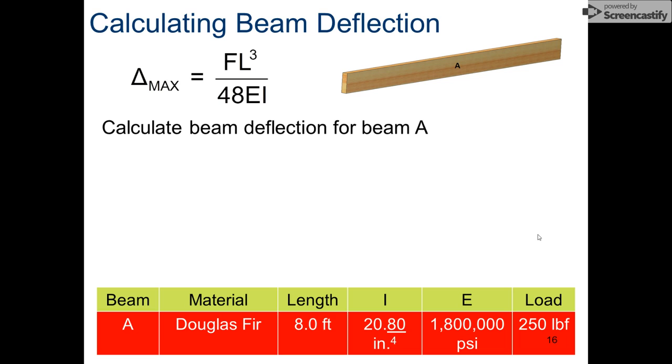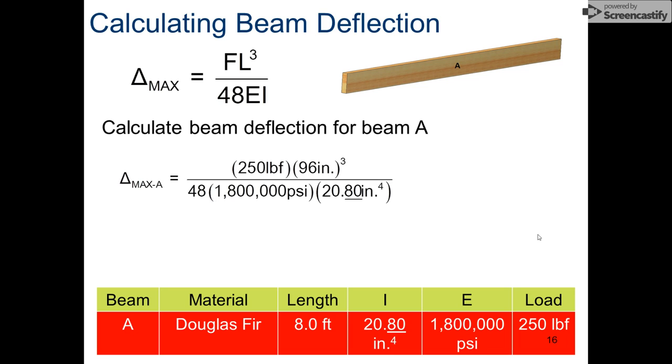So calculate beam deflection for beam A. There we see we have 250 pound-foot force over 96 inches cubed. And make sure that you are always in the correct unit, which is inches, okay? So not 12 feet, not whatever.